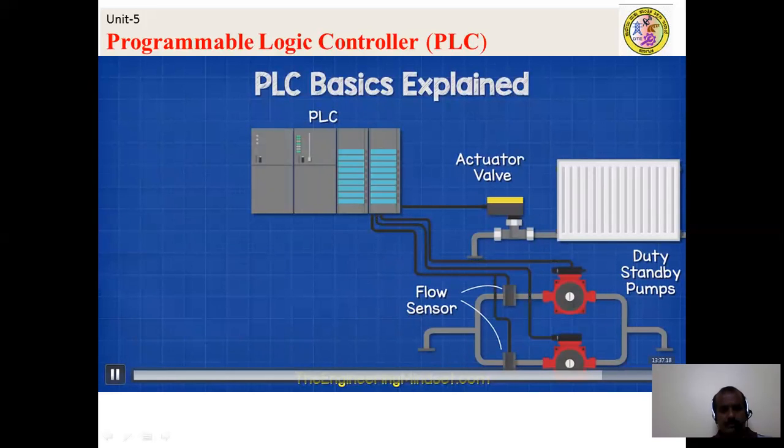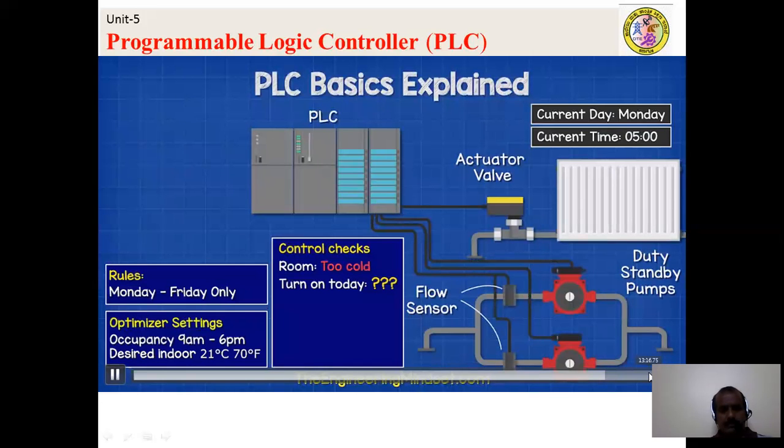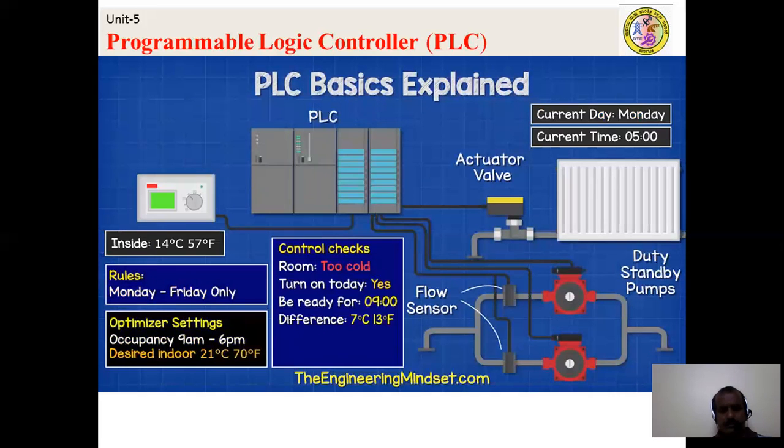However, before the heating system and pump start, the PLC will check with the clock, should the heating turn on today, and if so, at what time will the building be occupied? The clock says yes, the scheduled occupancy time is 9 AM. The PLC then checks the current temperature of the room and calculates the difference between this and the desired temperature.